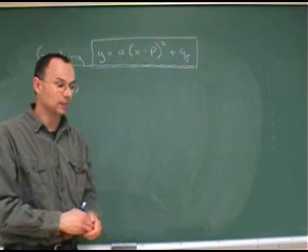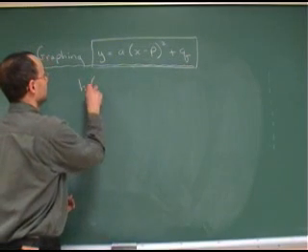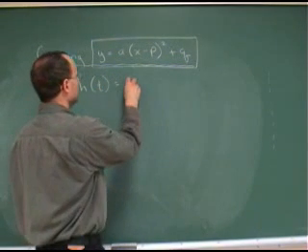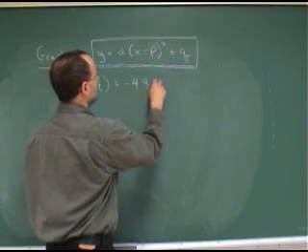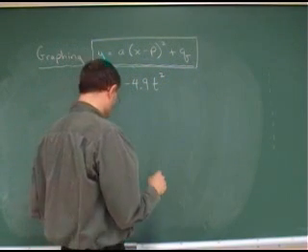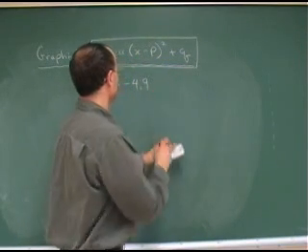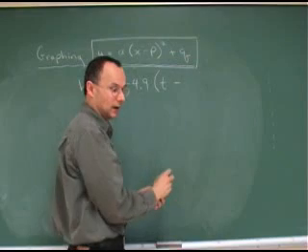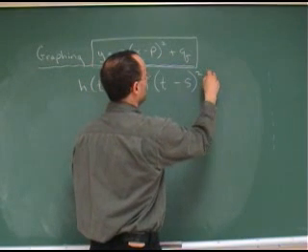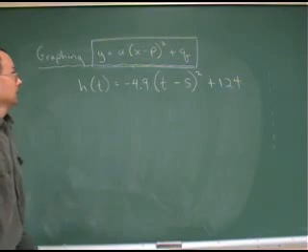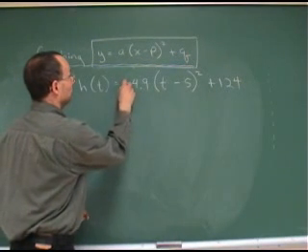Okay, in this example we have something that looks like this: h(t) = -4.9(t - 5)^2 + 124.